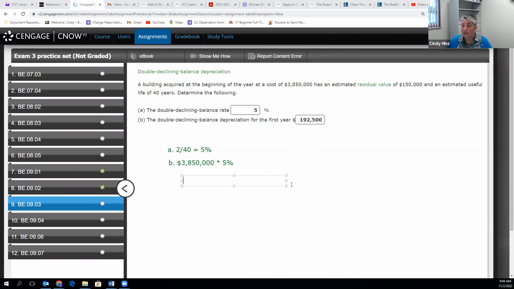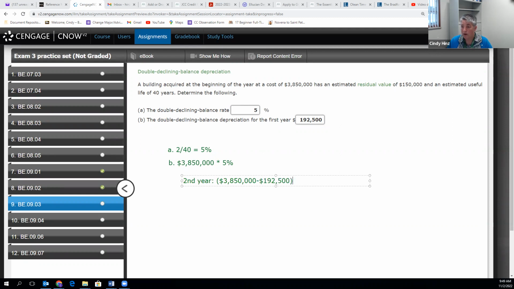Now the second year, and I know the exercise does not actually ask for it, but I just want to remind you, certainly on the exam, you could be asked for something beyond the first year calculation. So the second year calculation is based on that carrying value. Carrying value we know is the upfront or historical cost minus the accumulated depreciation.